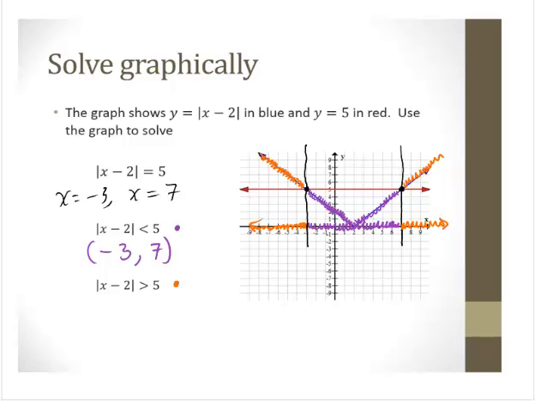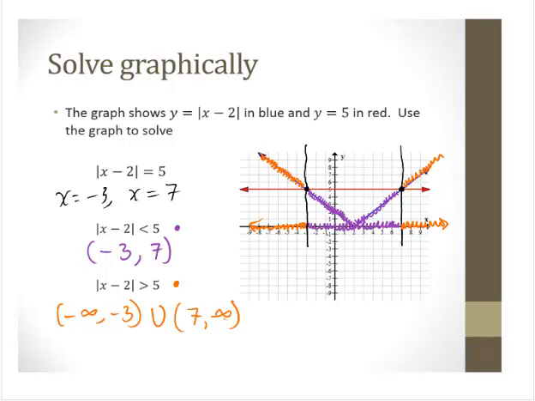And notice again that they're bounded by those black lines at x equals -3 and x equals 7. So the solution to that inequality would be the interval -infinity to -3 union 7 to infinity.